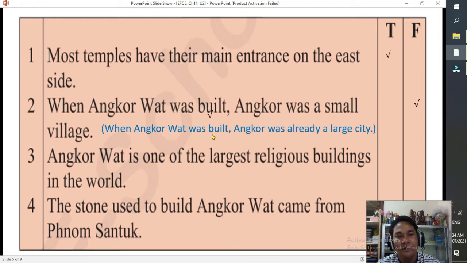Yeah, when Angkor Wat was being built, Angkor was already a large city. Number 3, Angkor Wat is one of the largest religious buildings in the world.